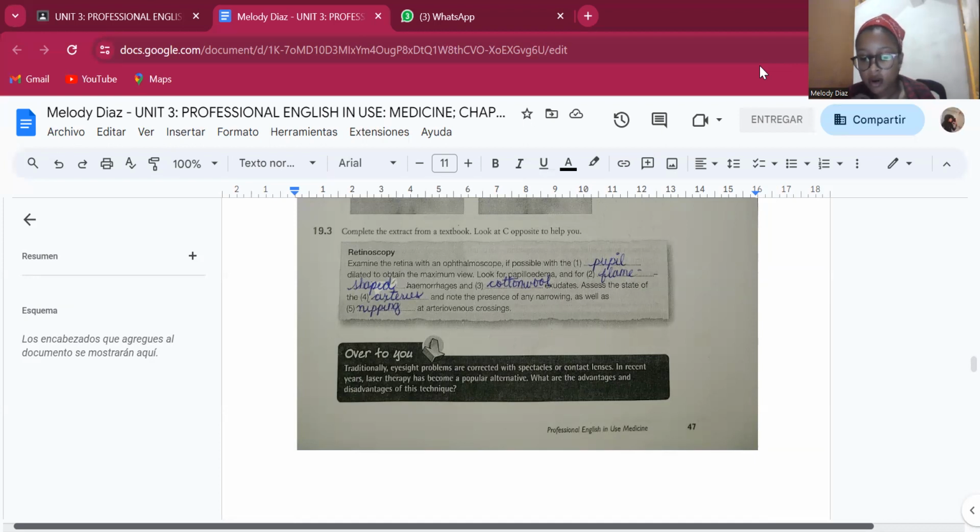Look for papilloedema and for flame-shaped hemorrhages and cotton wool exudates. Assess the state of the arteries and note the presence of any narrowing as well as nipping at arteriovenous crossings.